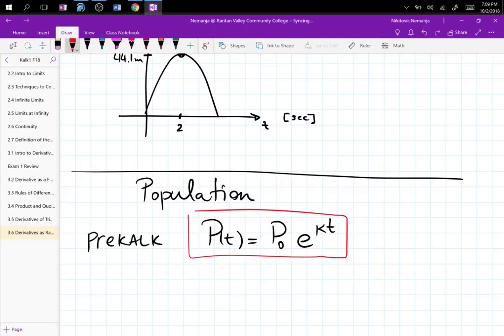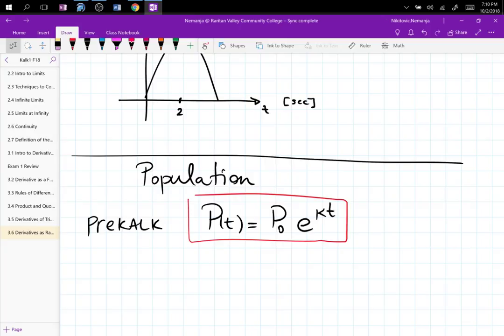And now, it's very simple for me to actually go and say, change in population in time. In what time? Per day, per month, per year, per decade? We can do that. And you have now simple derivative, which is kP0 e to the kt.